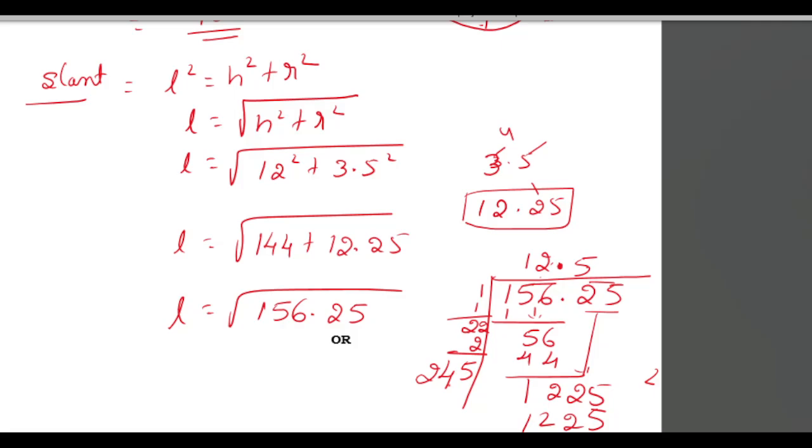So the answer is 0. The perfect square root is 12.5. So L is equal to 12.5 centimeter. This is the slant height we found.